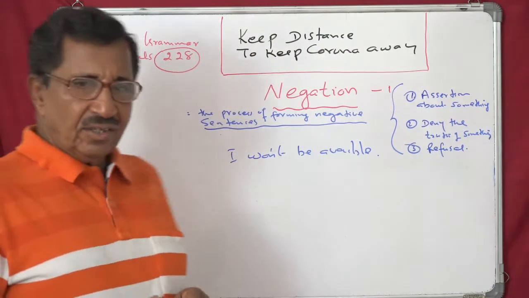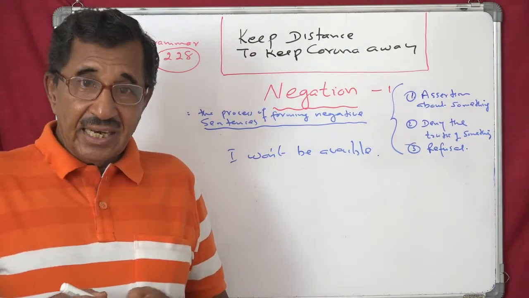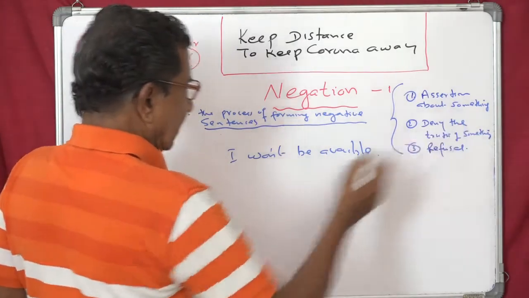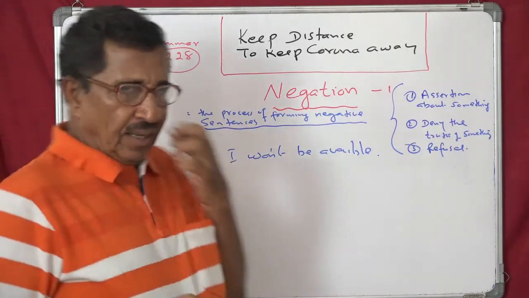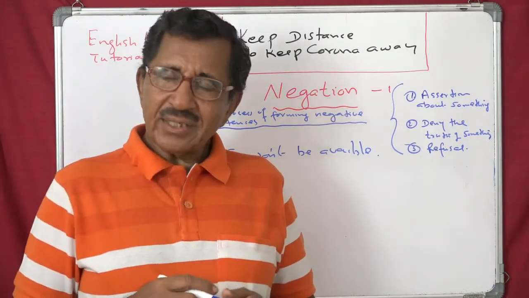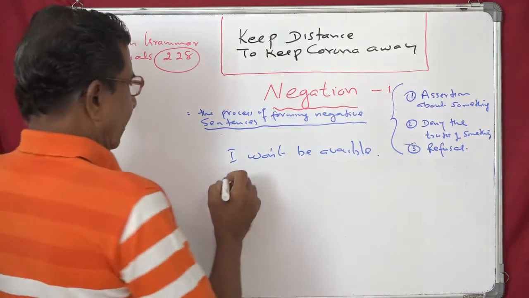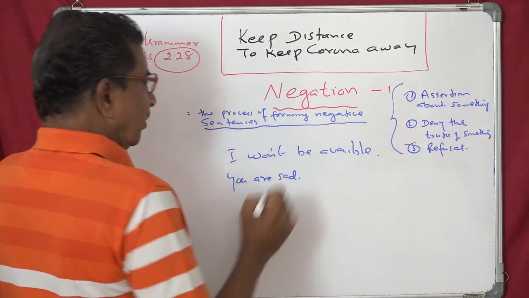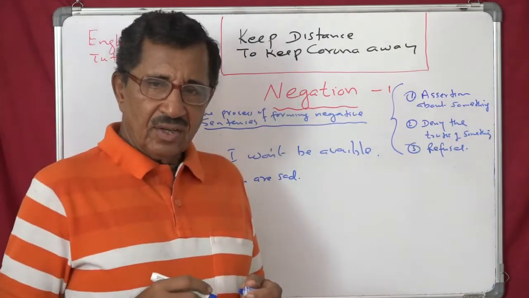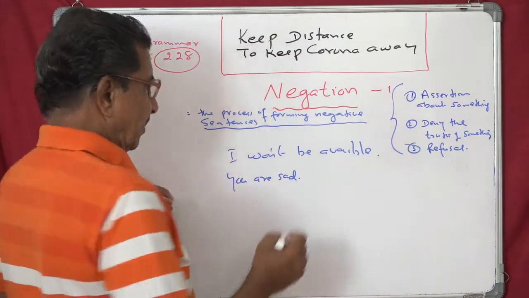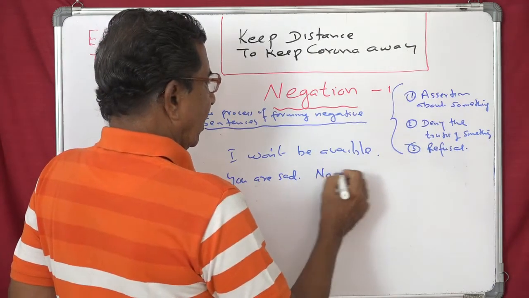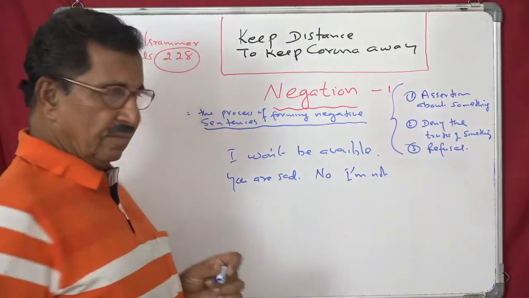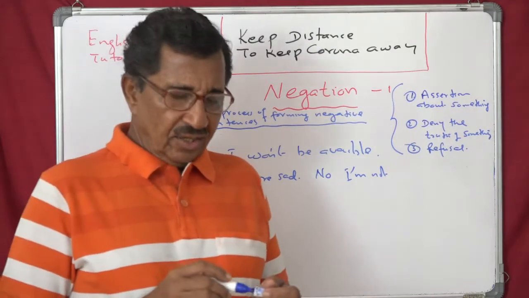Then the second use is to deny the truth of something. Denying the truth. For example, you are asked, you are sad? Now you deny that. What do you say? No, I am not.